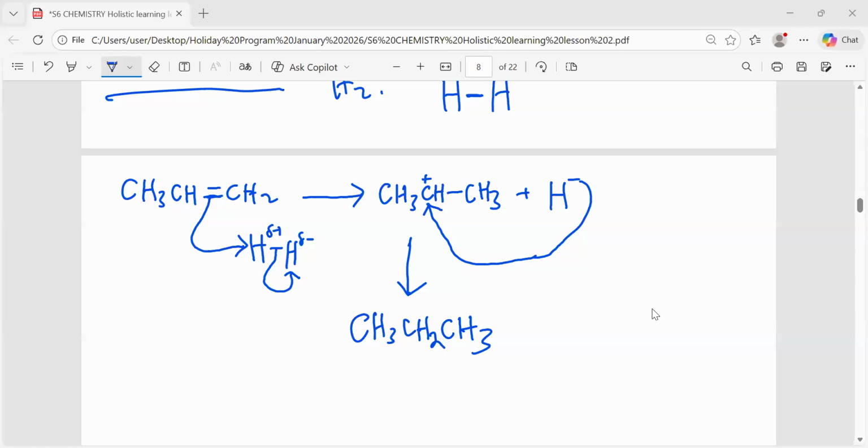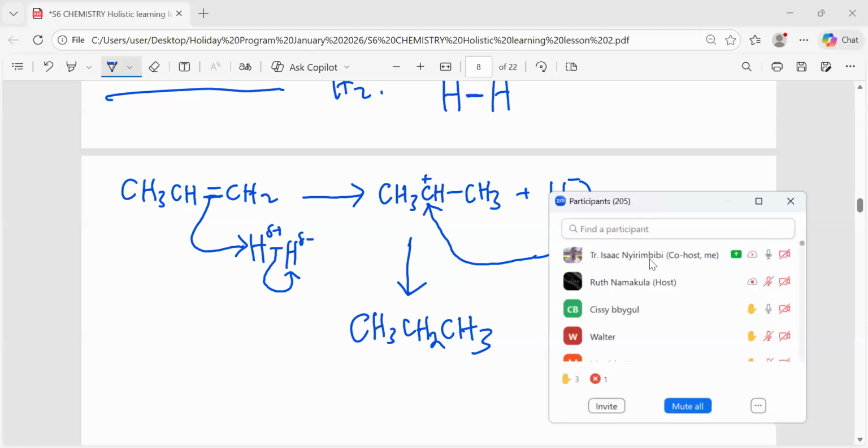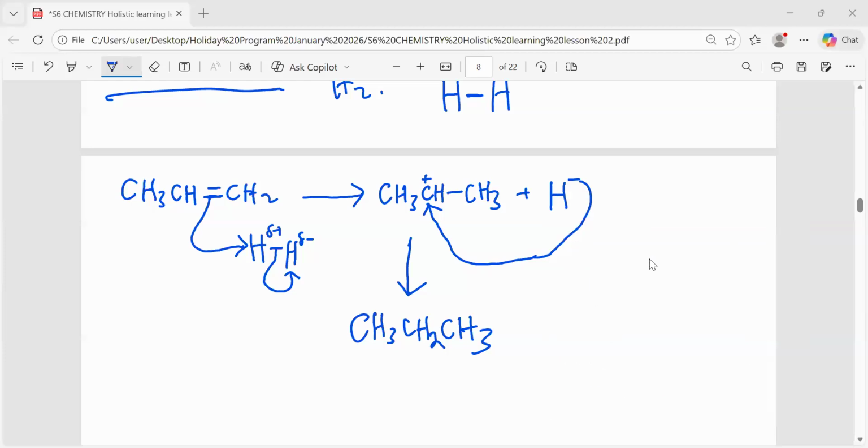And next, anyone with a question? Is it optional to bring back the hydrogen and the nickel catalyst?